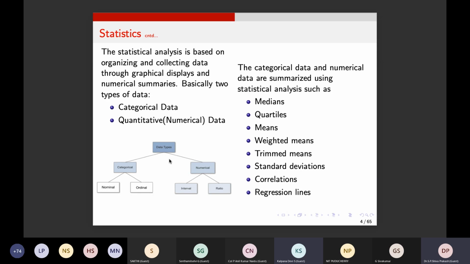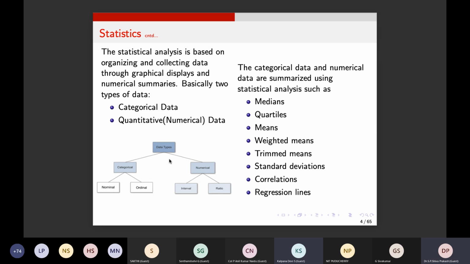Okay. Now these data can be measured or summarized by medians, quartiles, means, weighted means, trimmed means, standard deviation, correlations, or regression lines.